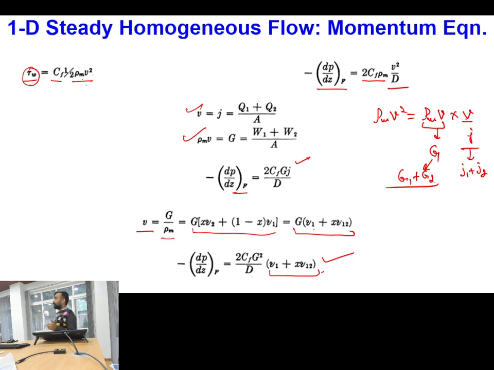It is better to represent the pressure drop in terms of local mass fraction, so that when I apply it to a generic system, I can take into account the change of mass fraction along the length of the pipe. Is this one clear? All clear with this idea?